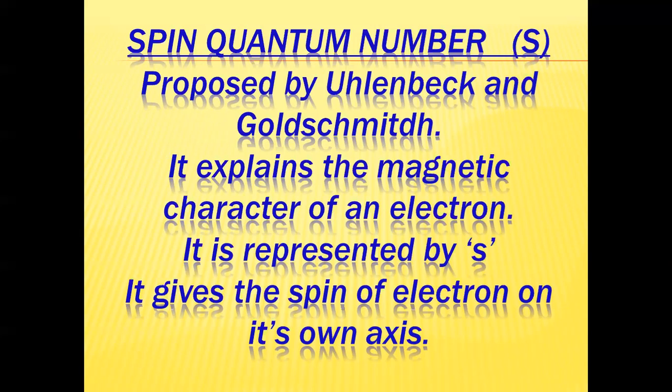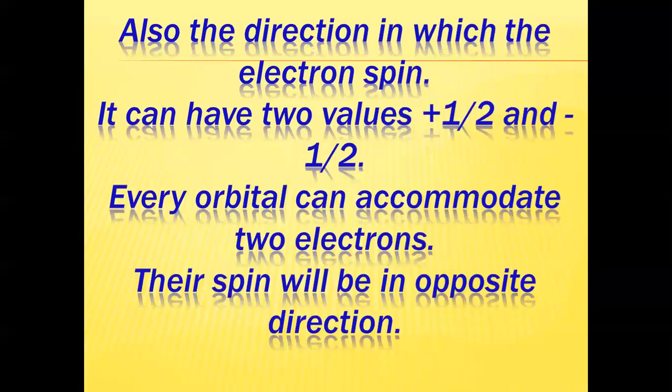This is because we sometimes consider the electron as a tiny magnet. Now, coming back to the quantum number s, it gives the spin of the electron on its own axis.